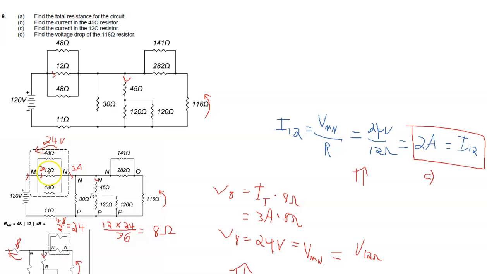So these two here are equal. That means that, by current division, we should have 0.5 up there and 0.5 through this one. And Kirchhoff's current law then tells us 2 plus 0.5 plus 0.5 gives us 3 amps, which is the total current that goes in there, and the total current that comes out of there.